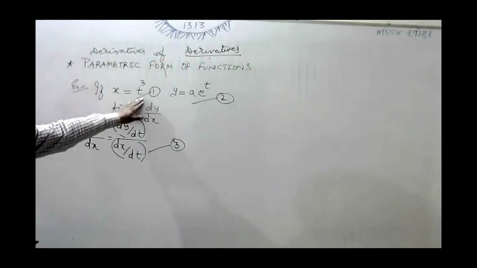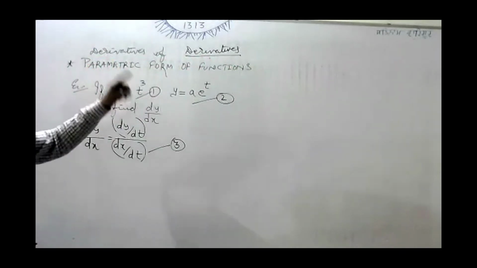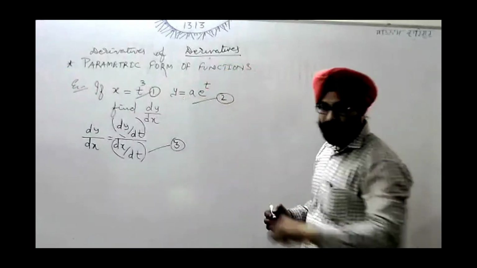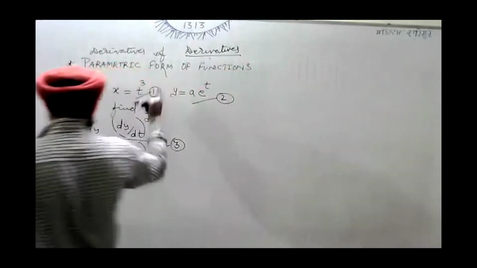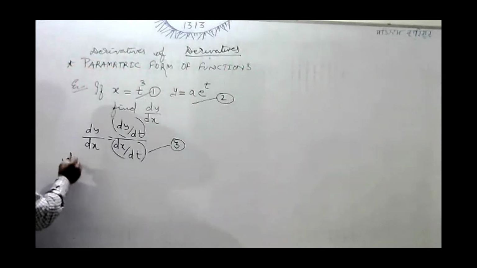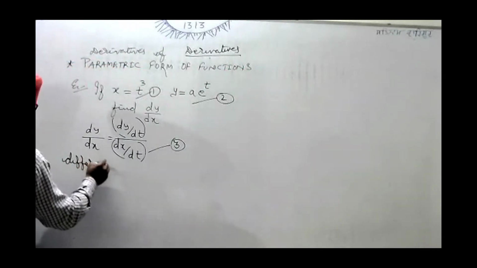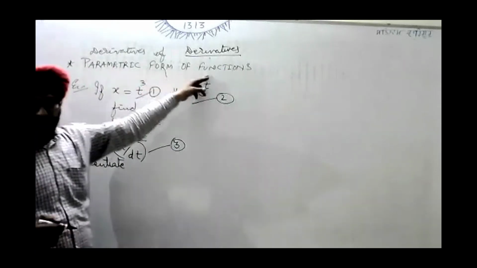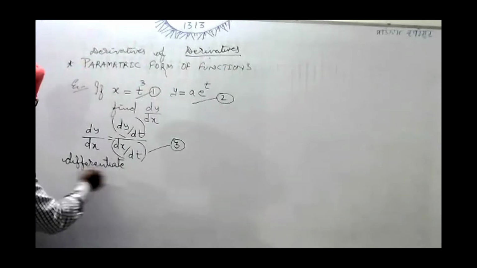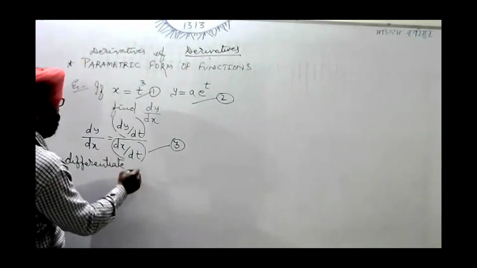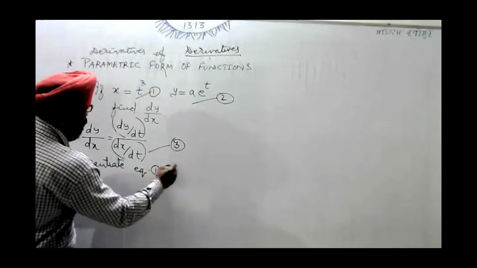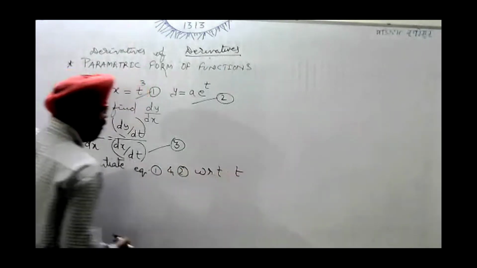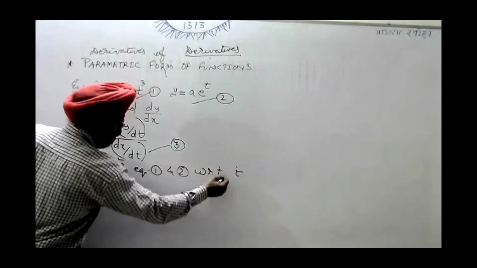First of all, we will differentiate equations 1 and 2 with respect to t this time. Let us begin. This was all planning. Every time in parametric form, this planning is applied. Give a space, these two should not be the same.